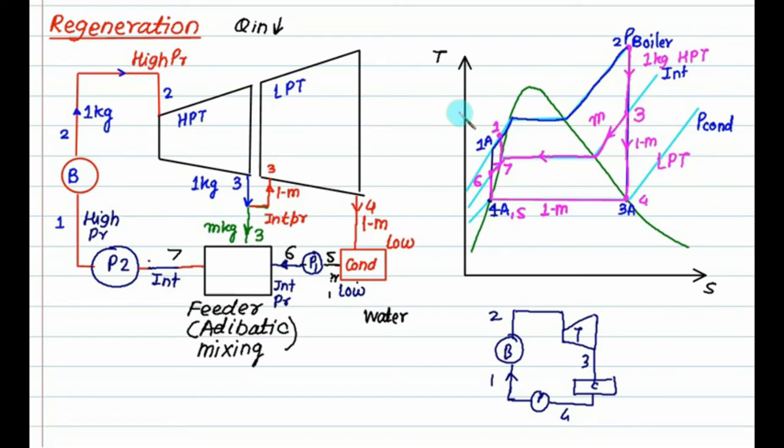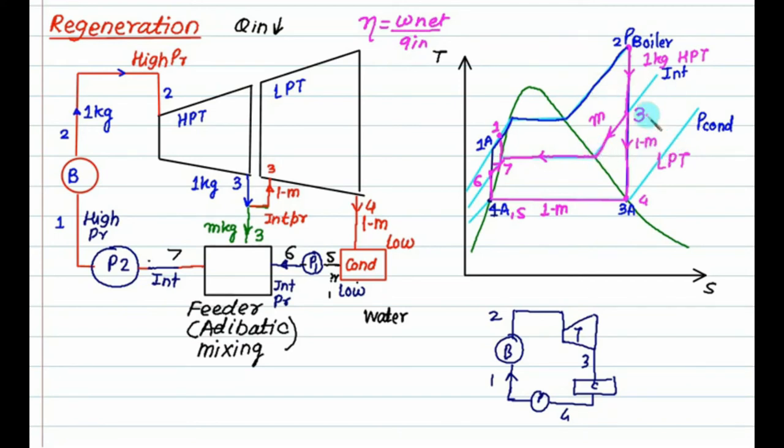If the reduction in heat transfer is there, we will claim directly that the efficiency will increase, because efficiency is given by W net divided by what? Q in. As far as W net is concerned, is it the same quantity if I neglect the mass m?